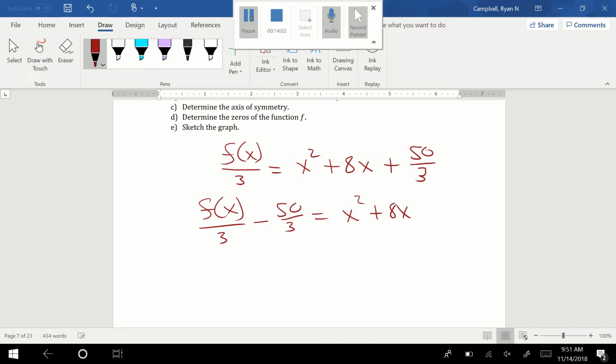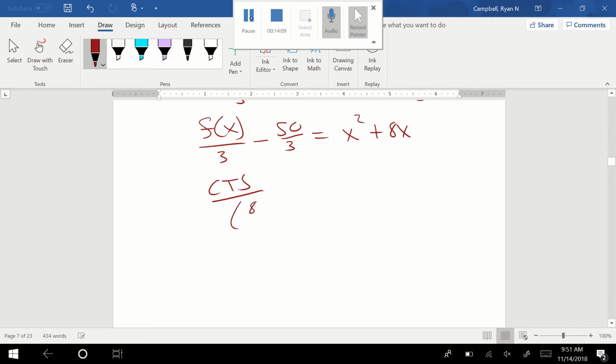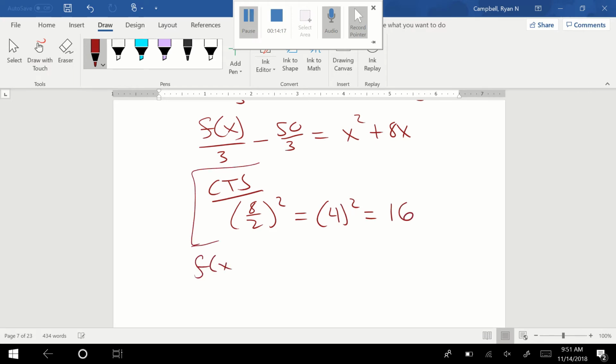All right. So completing the square, we're going to have 8 divided by 2 squared, which is 4 squared, which is 16. So we're going to add 16 to both sides.